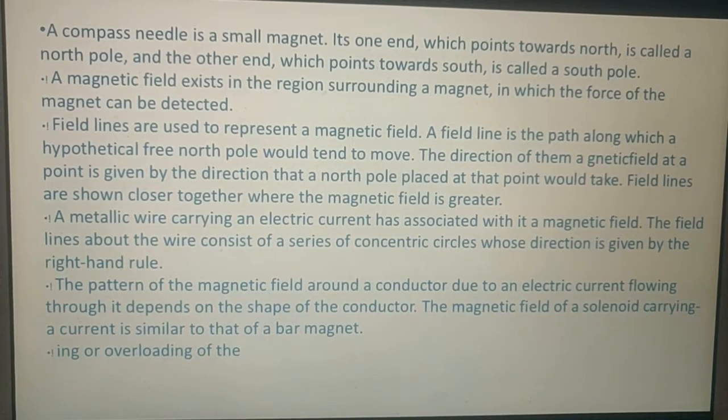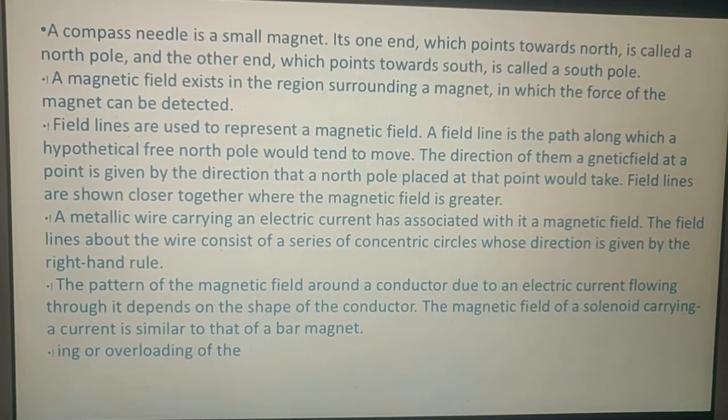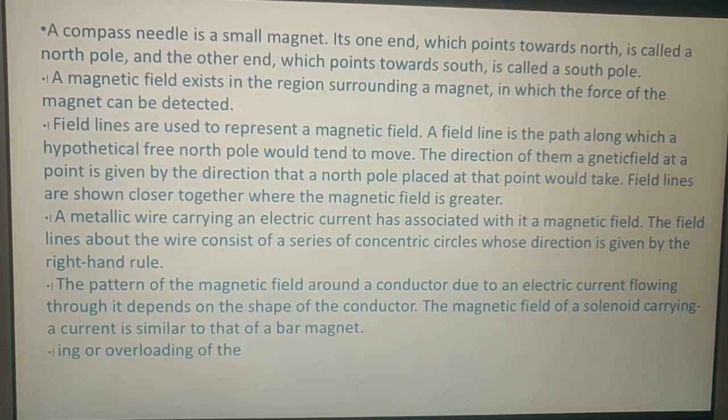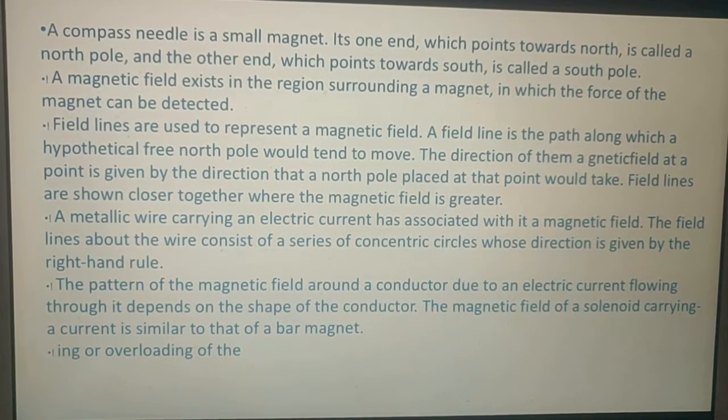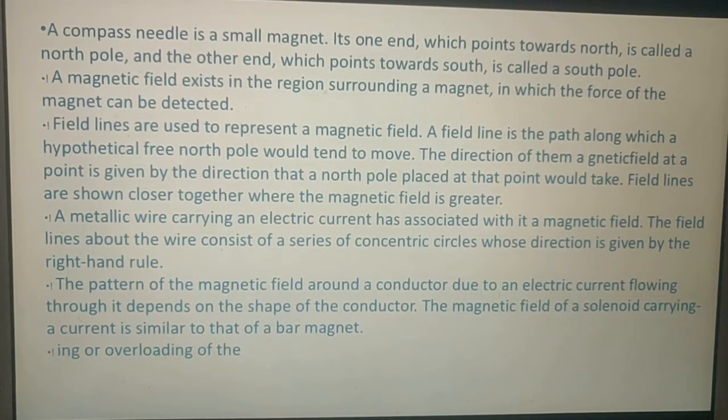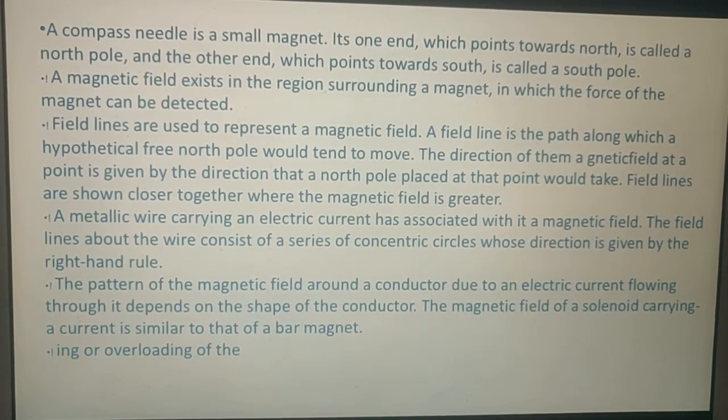Field lines are used to represent a magnetic field. A field line is the path along which a hypothetical free north pole would tend to move. The direction of the magnetic field at a point is given by the direction that a north pole placed at that point would take.